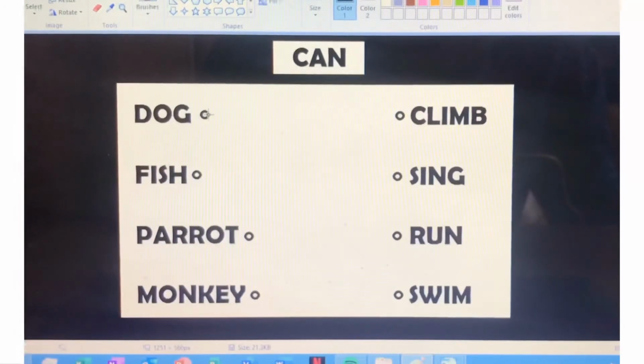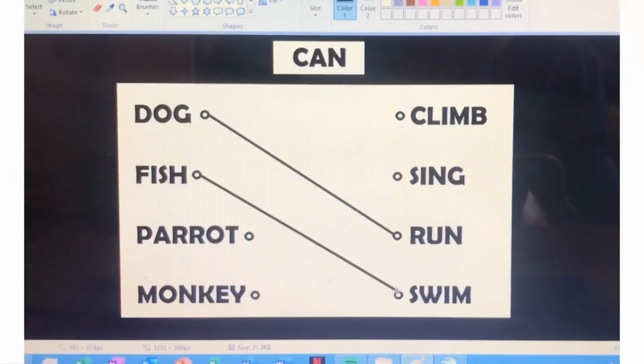We all know that the dog can run. That is correct. Very good job. Now, for the fish, can the fish climb? No, right? The fish can swim. Very good job, guys. Moving on to the parrot.